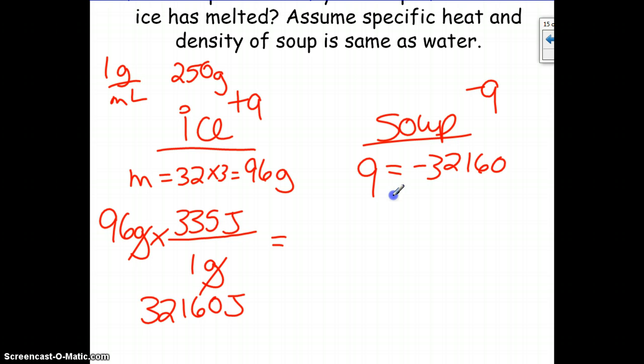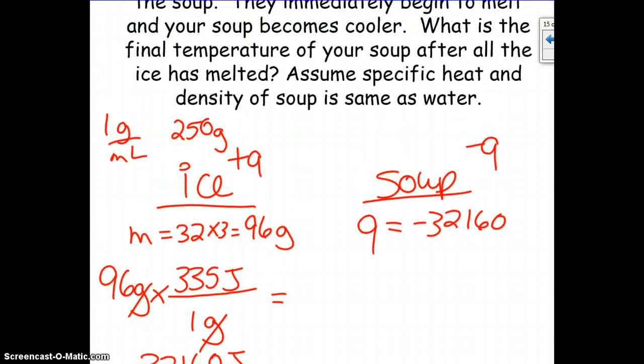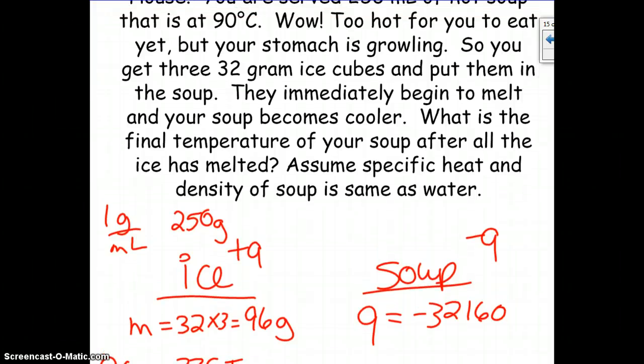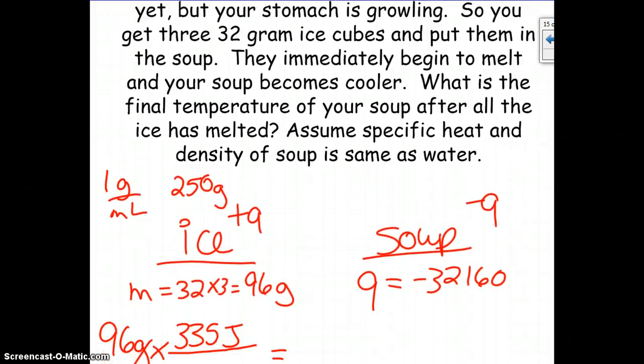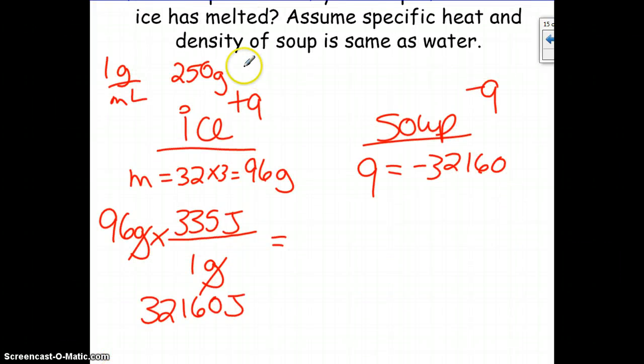All right, now our soup had a different mass. It had a mass of 250 milliliters, which we figured out a while ago was 250 grams. We know that our soup started at 90 degrees, so that's the initial temperature.